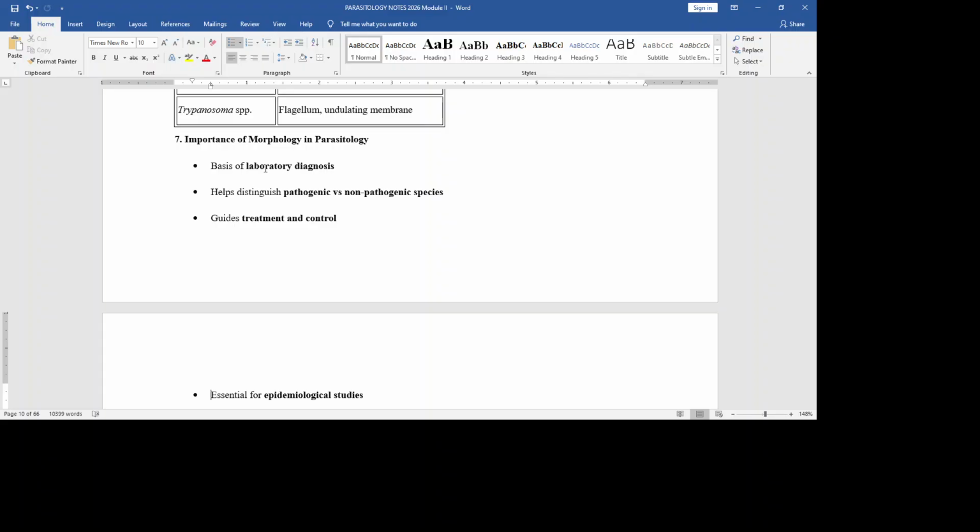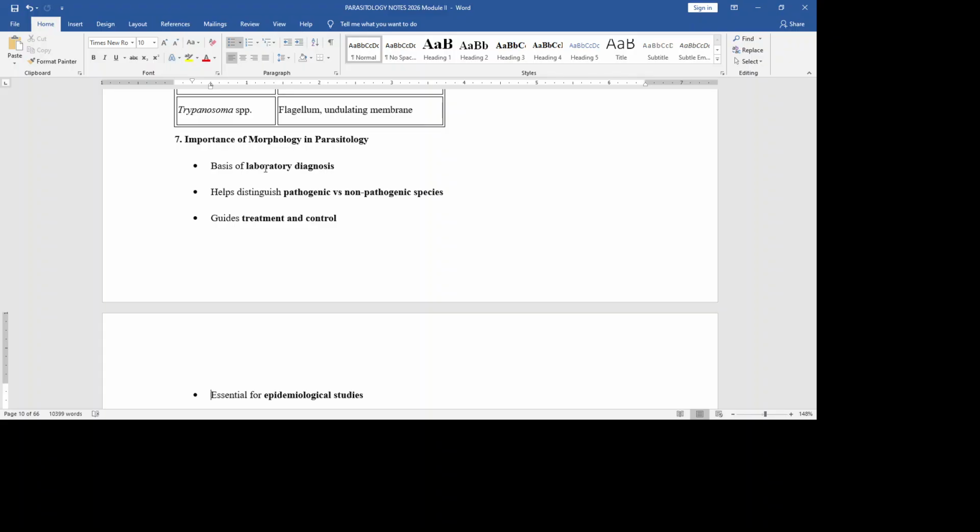Besides that, once the habit of a parasite has been known, then we can link the pathogenicity to a certain parasite, and by the time we realize that it is the one or not the one in the sample, we can distinguish between the pathogenic and the non-pathogenic species.